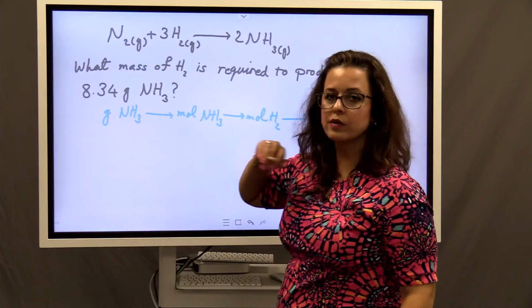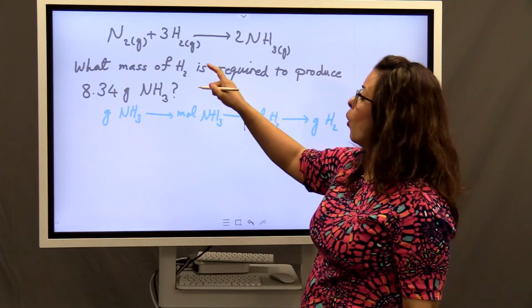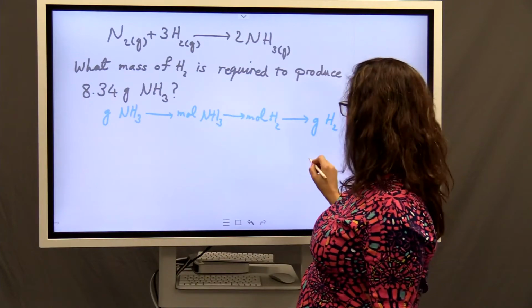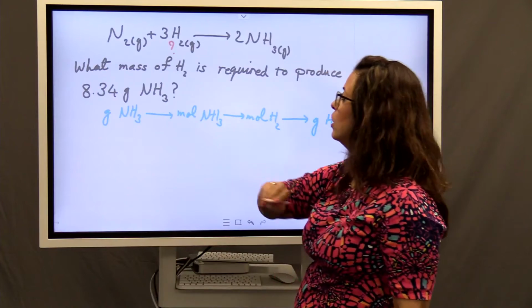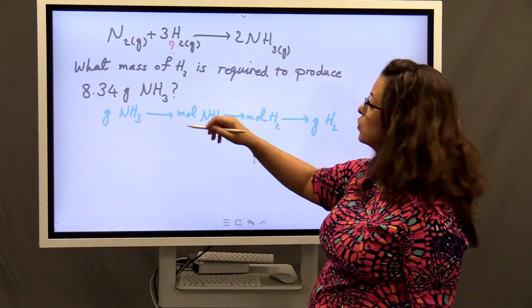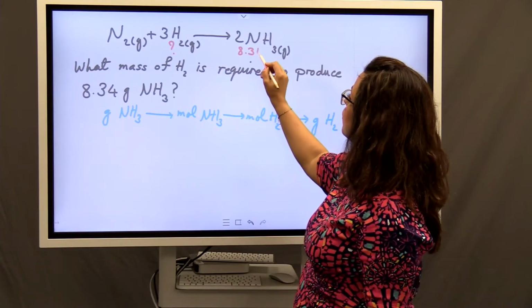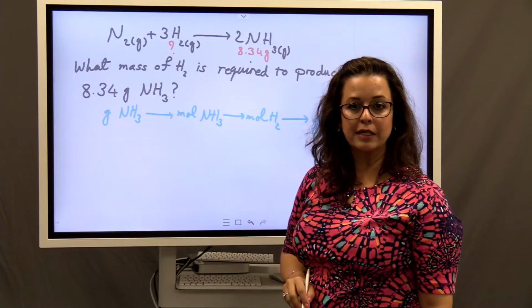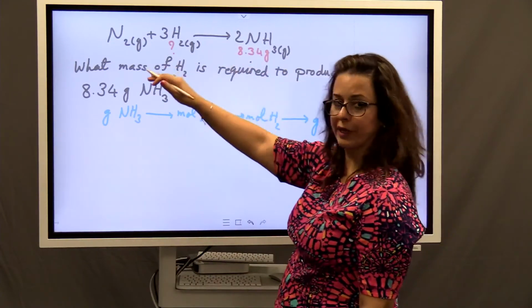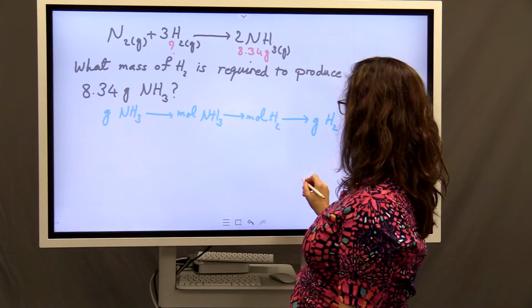Again, I use the same equation. Let's find out what mass of H2 is required to produce 8.34 grams of NH3. Okay? So you see, you can go from left to right or right to left for these types of calculations.